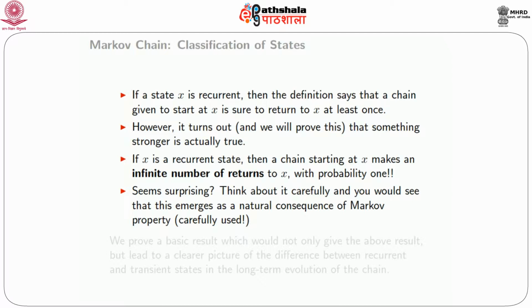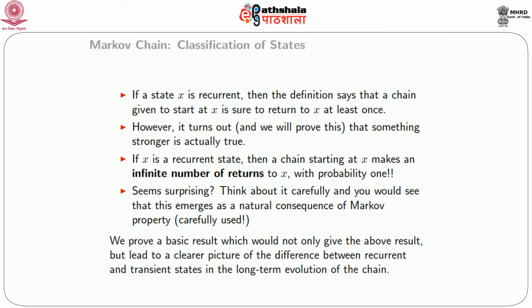But the moment it returns to x once, from that point onwards, the chain behaves as if it's a new chain starting again at x. So it's going to return to x again. Now you repeat. But this argument has to be carefully made. What we'll do is prove a basic result, which will not only give the above result, but lead to a much clearer picture of the difference between recurrent and transient states in the long-term evolution of the chain, as mentioned already.